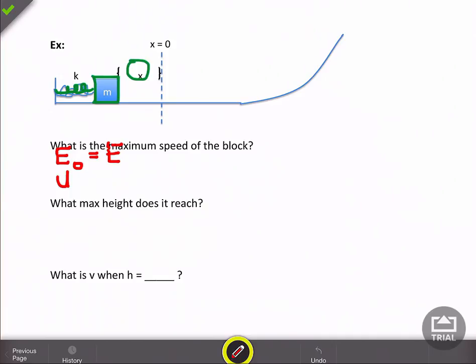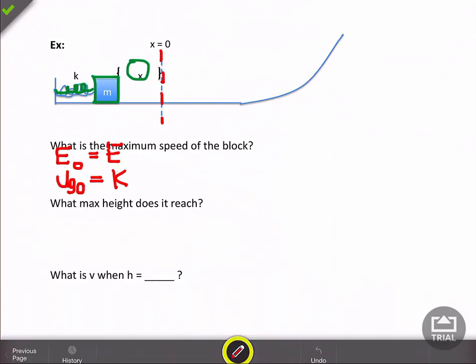I'm going to put the little subscript of G. As we let this thing go, the maximum speed is going to happen right here at this equilibrium position. With maximum speed, we're going to have all kinetic energy. So that's what our conservation of energy equation looks like.